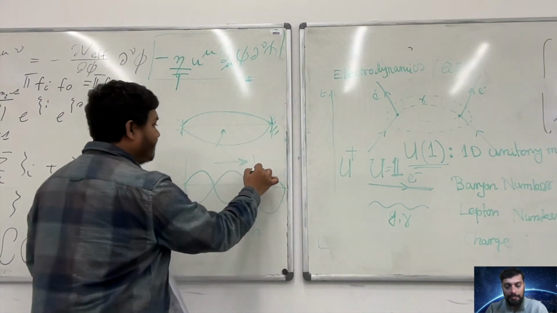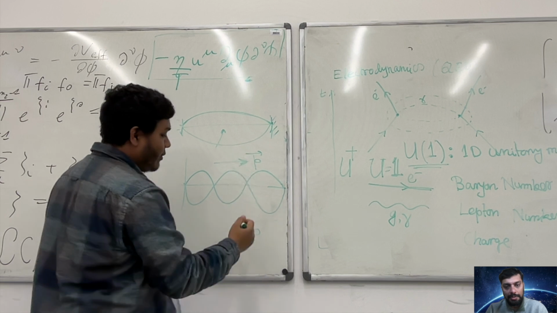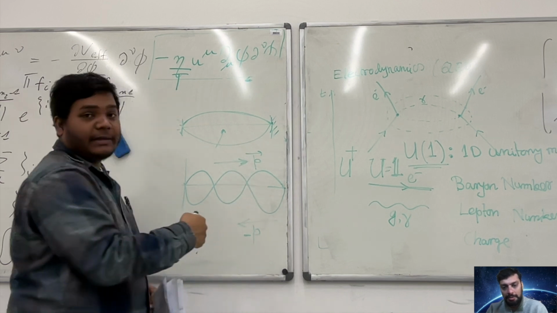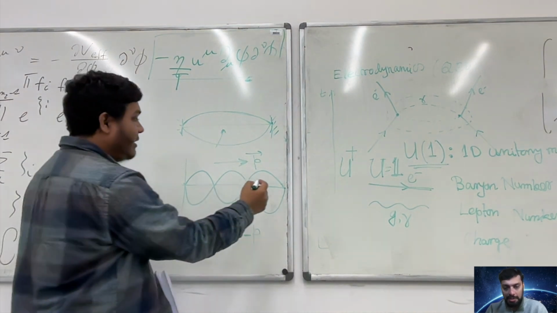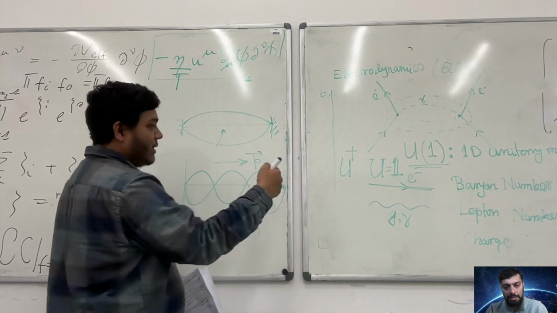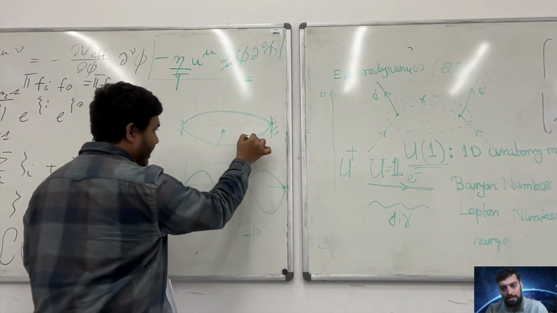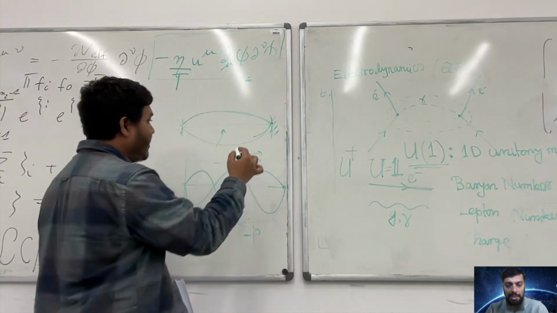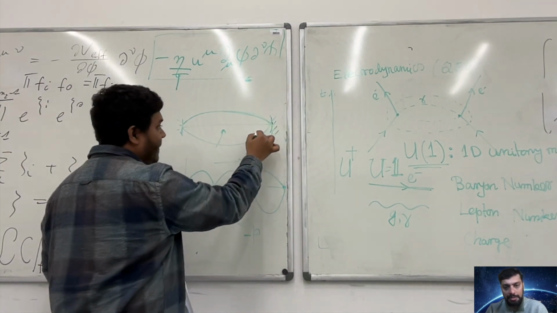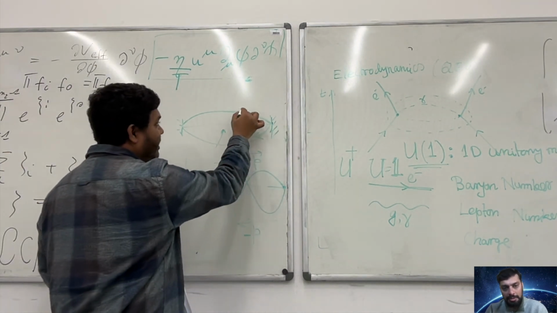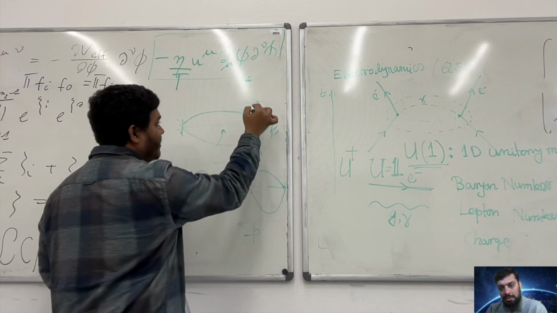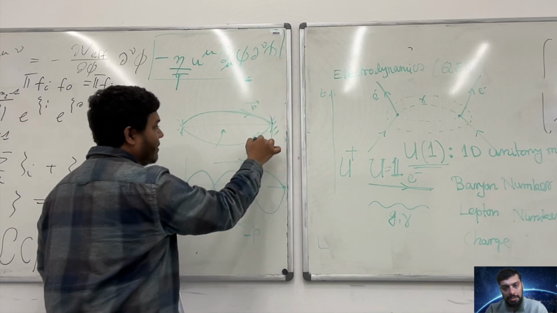So it is positive momentum if I consider a positive reference, and this negative. It does not really happen, but if I think in this way, when it's moving in this direction your momentum was positive, but when you return back its momentum is negative.